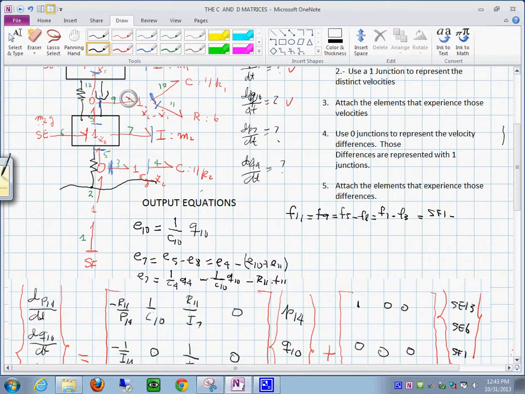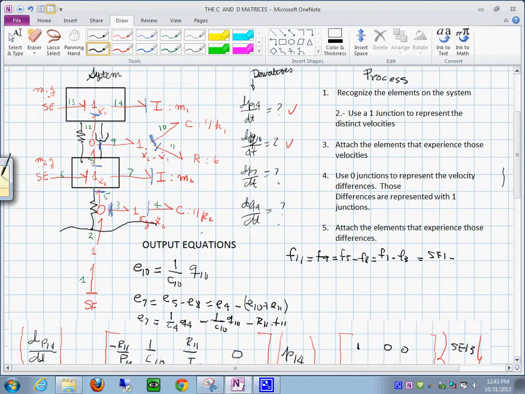F11 is F9, right? F9 is F8 minus F sub 12. Okay. Yeah, see, somehow I messed up the numbers in here. So why don't we just erase this for a moment? I think we made a mistake. F8 minus F12 is what it is. See what it is? It's F9, right? It's F8 minus F12. That was my problem here.